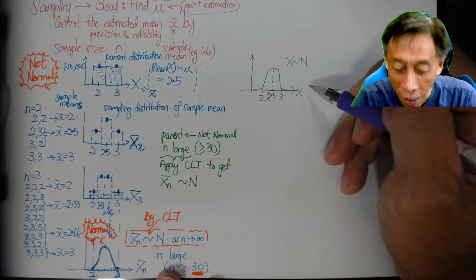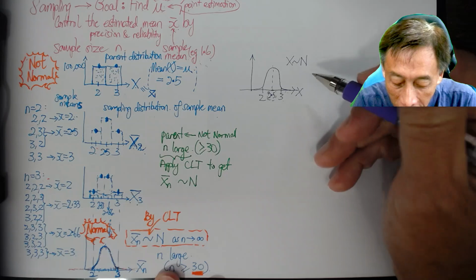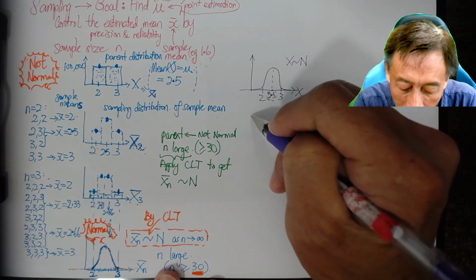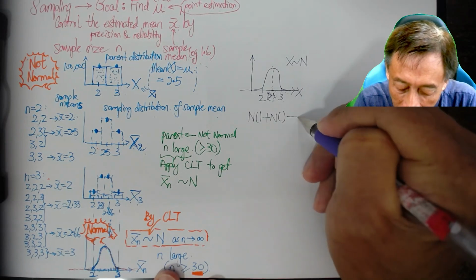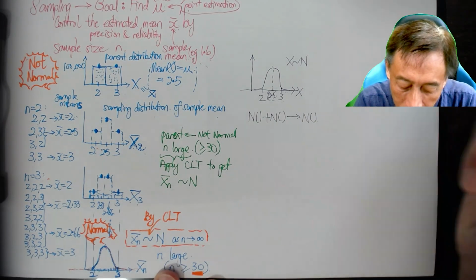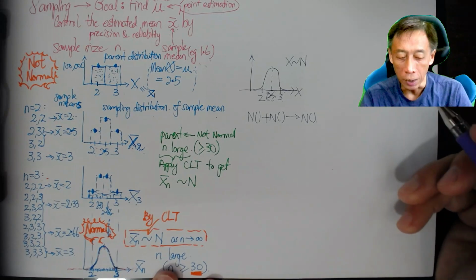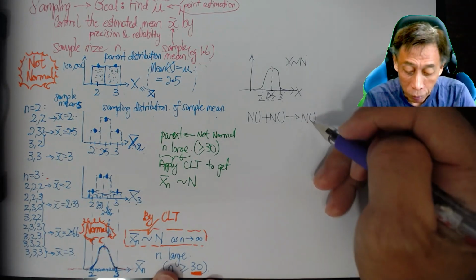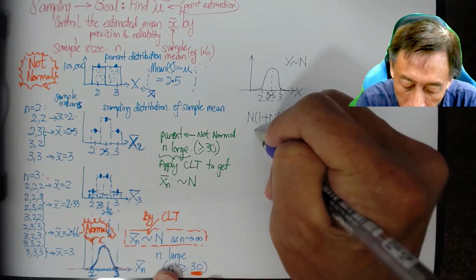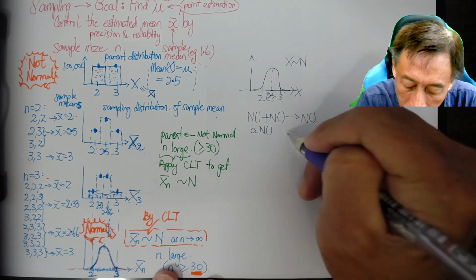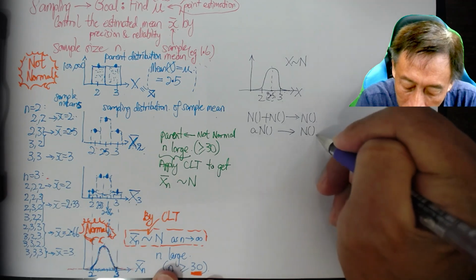So if we have normal distributions, then one thing to note is normal plus normal results in a normal distribution. Right. So if we do the averaging, we just perform a fraction. For example, a fraction of a normal gives rise to another normal distribution.